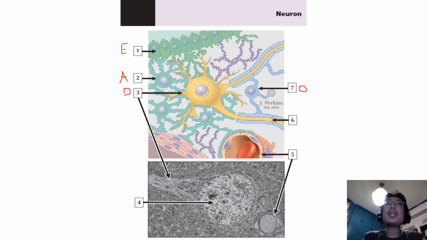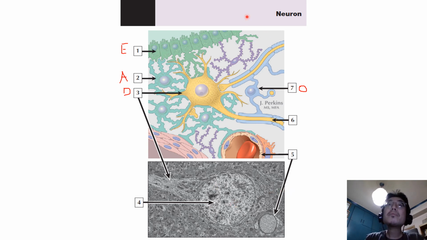Reflecting its role in genetic regulation and transcription, the nucleus of a typical neuron, as shown here in number 4 in the electromicrograph, is euchromatic with small patches of peripherally displaced heterochromatin immediately under the nuclear envelope.